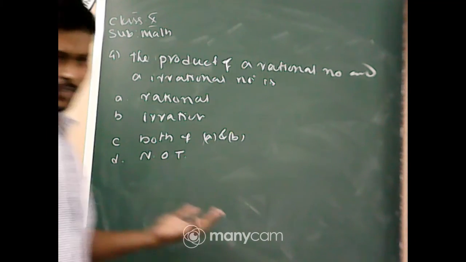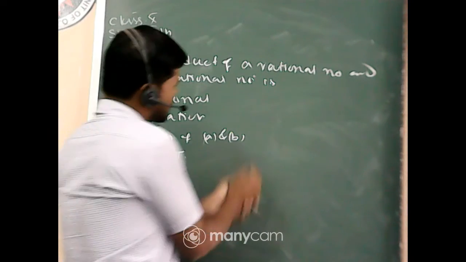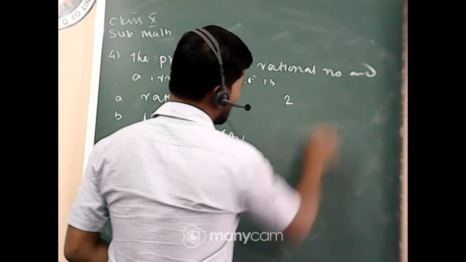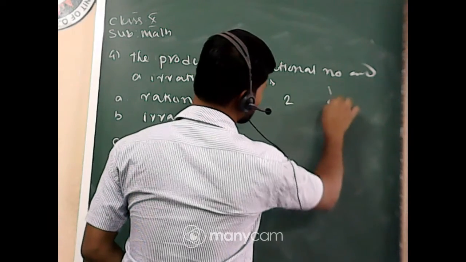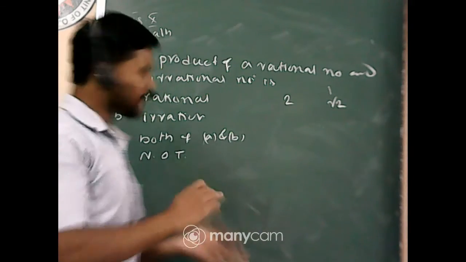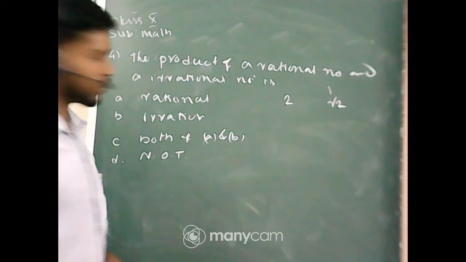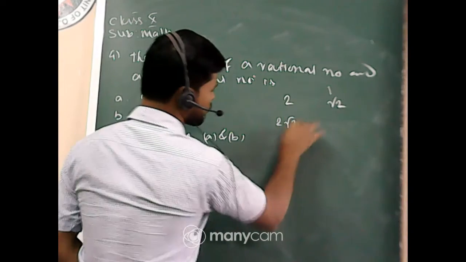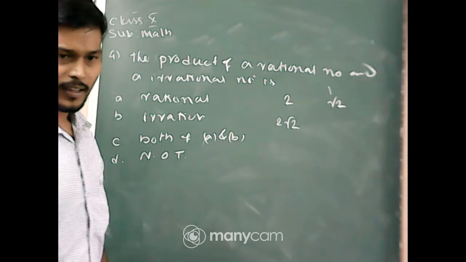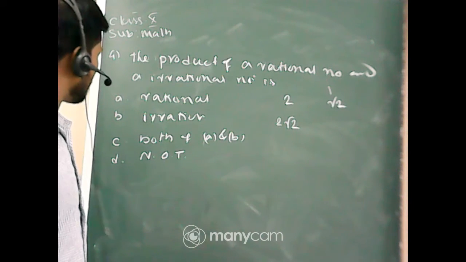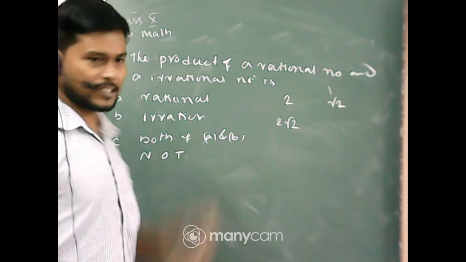Okay. Let's take a few examples. Take one rational number, suppose 2, and one irrational number, root 2. If I multiply them, the result will be 2 root 2, and 2 root 2 is itself what? An irrational number.